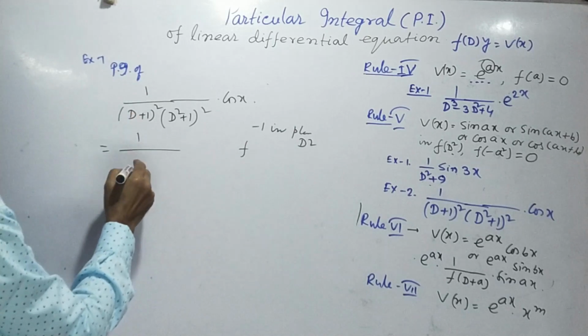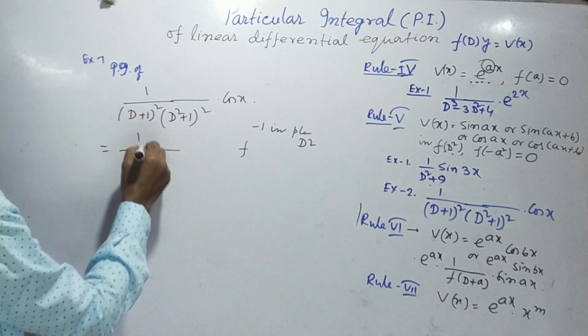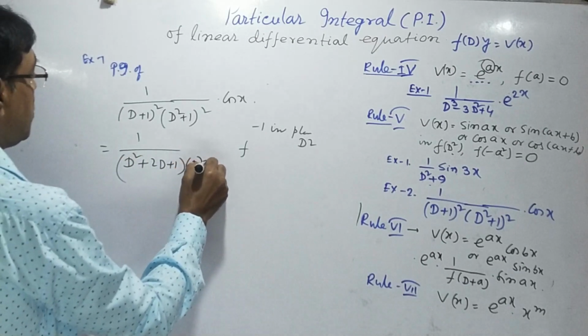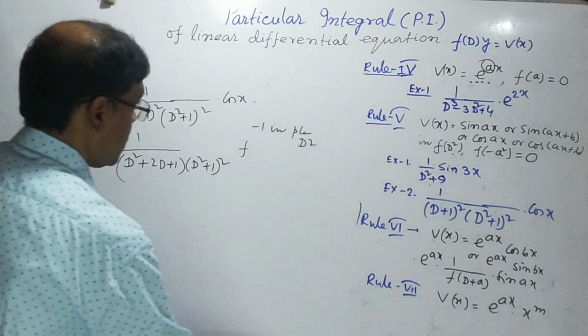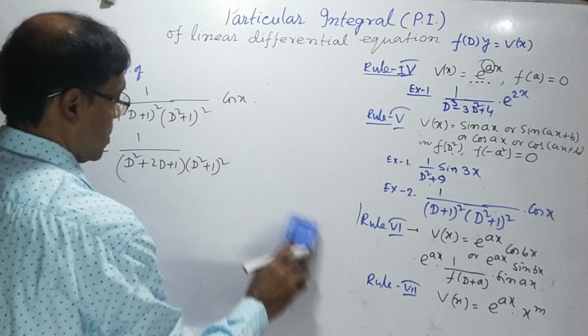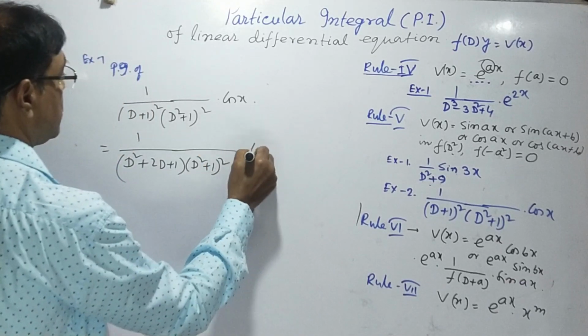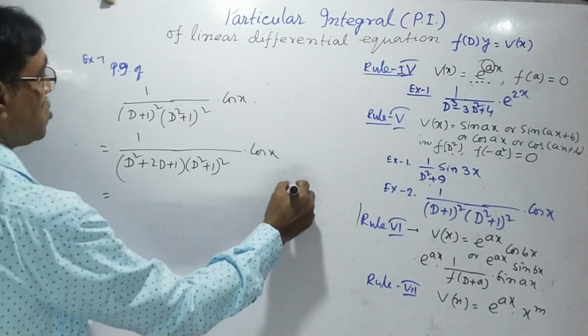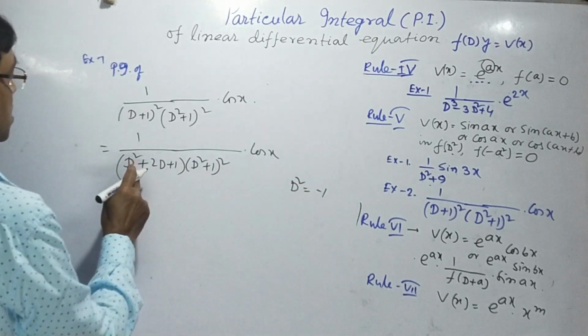For the first part, d square plus 2d plus 1 into d square plus 1 square into cos of x. Here we can easily put d square equals minus 1 for these cases.